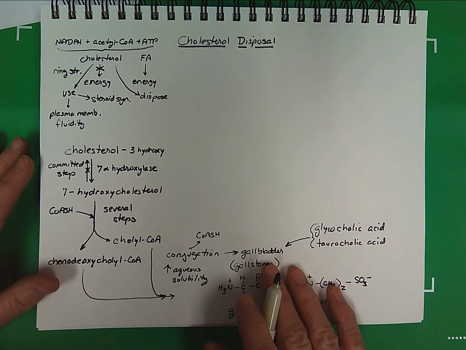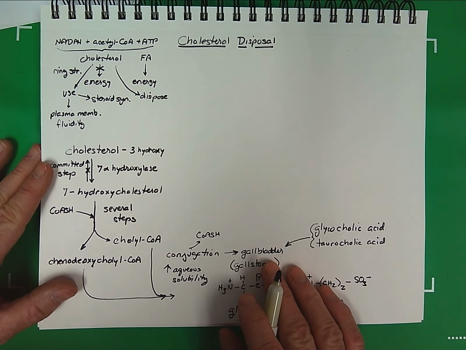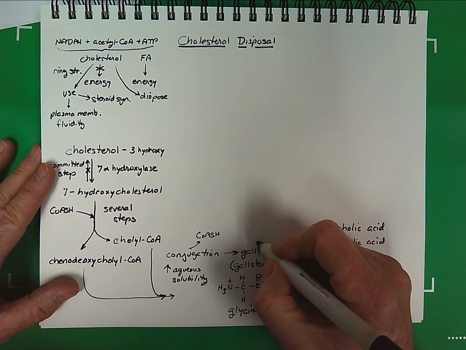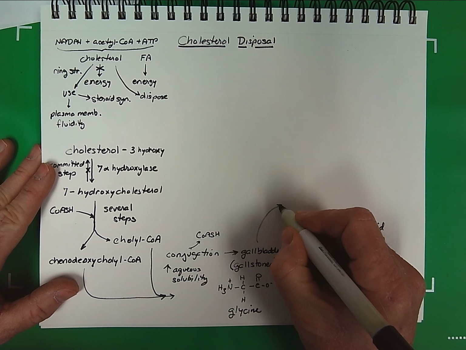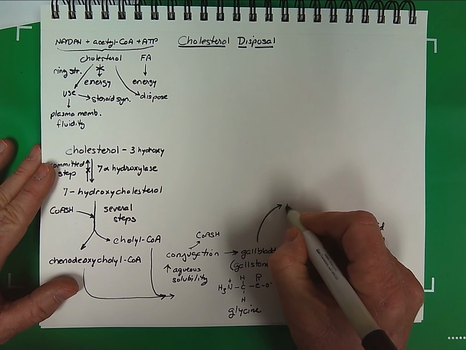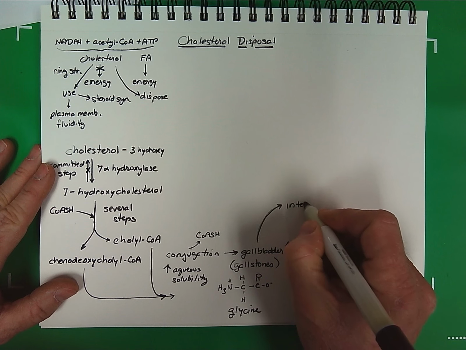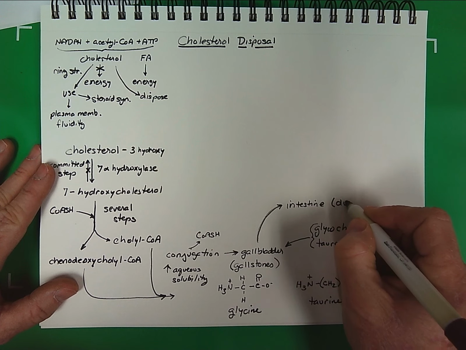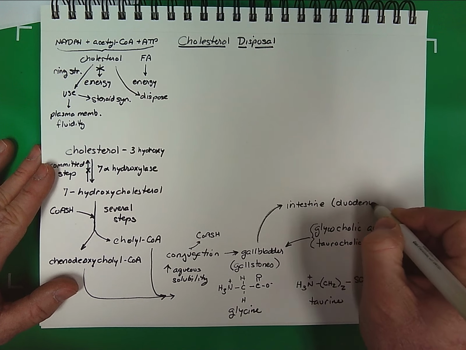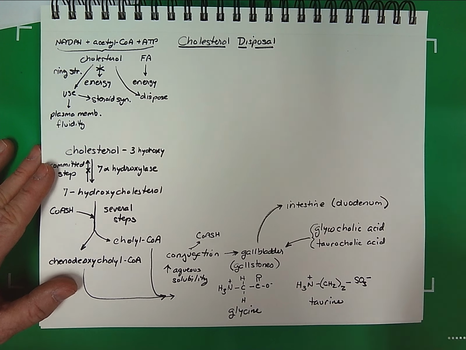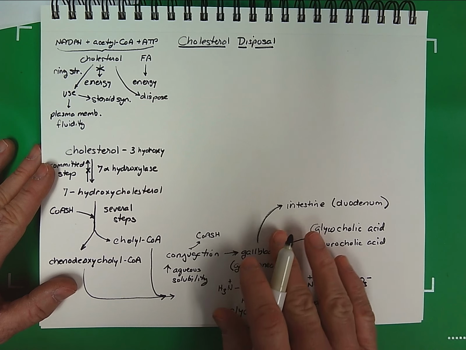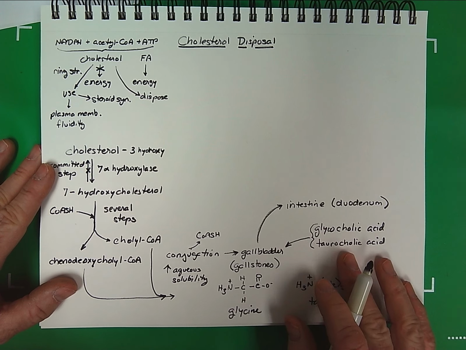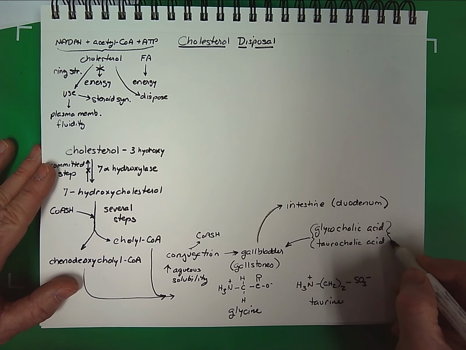Now, once this is stored in the gallbladder, during the meal, the gallbladder will send this stored material into the intestine, specifically into the duodenum. These molecules are more familiar to us as bile salts.